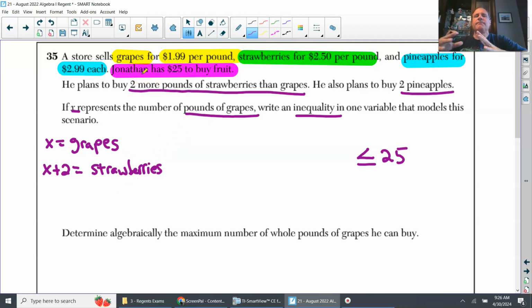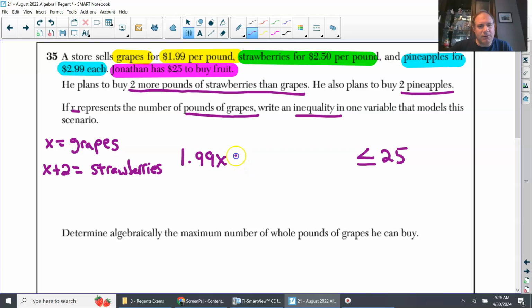What I like to do is put myself in the position of what Jonathan is doing and buying. So he plans to buy 2 more pounds of strawberries than grapes. X represents the amount of grapes, so we're going to talk about the grapes first. So $1.99 times X. Those are the grapes.